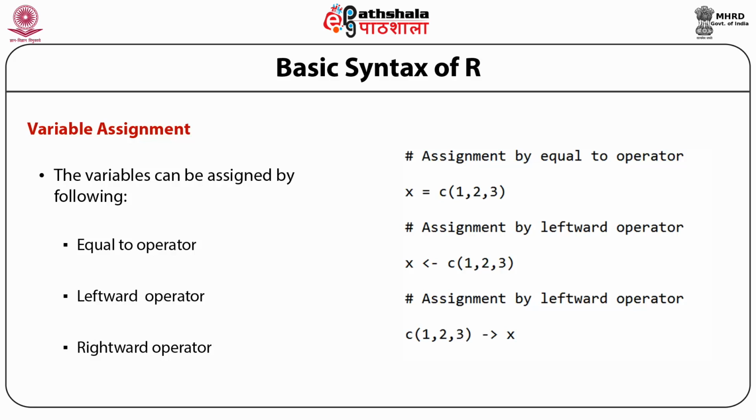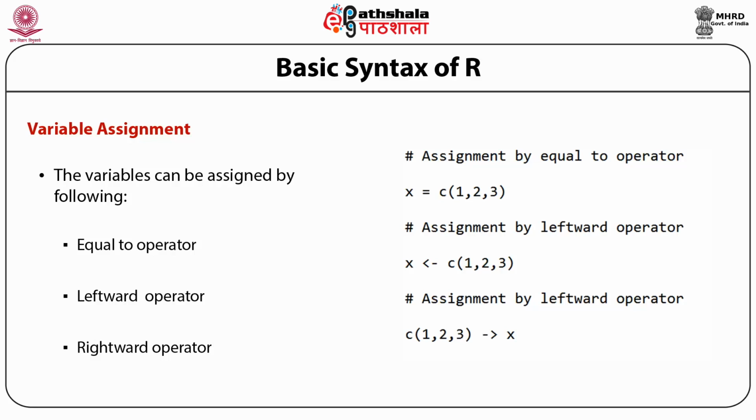So we can write x equal to c(1, 2, 3). The next variable assignment operator is the left operator. We also call it the leftward operator. So here x <- c(1, 2, 3). Here also it assigns all 3 values to the x object.